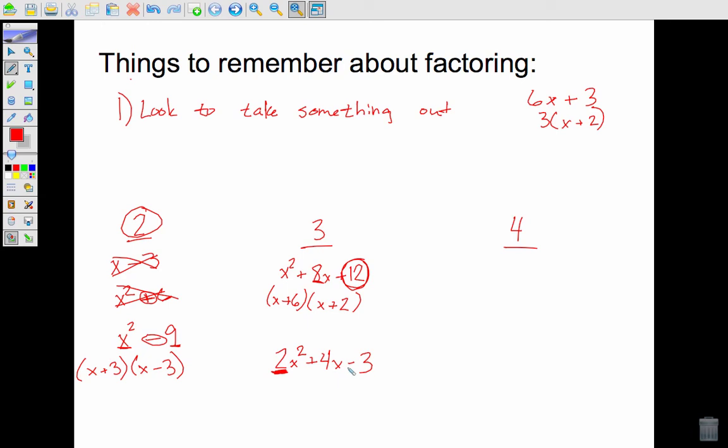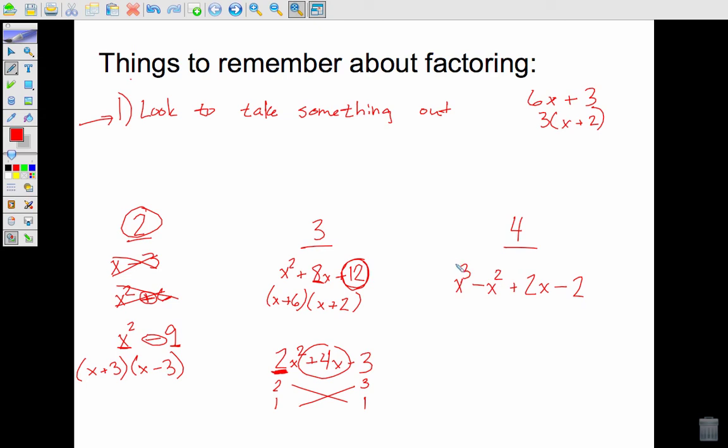If you have a number out front here and they don't have anything in common, don't forget rule number 1 is taking something out. If these don't have anything in common, then we have to remember our x method, where you take a 2, a 1, and a 3, and a 1, and you sit here and multiply until you get this middle term. That is how you factor with 3 terms. And the last one is if it has 4 terms, maybe it's got like x to the 3rd minus x squared plus 2x minus 2.